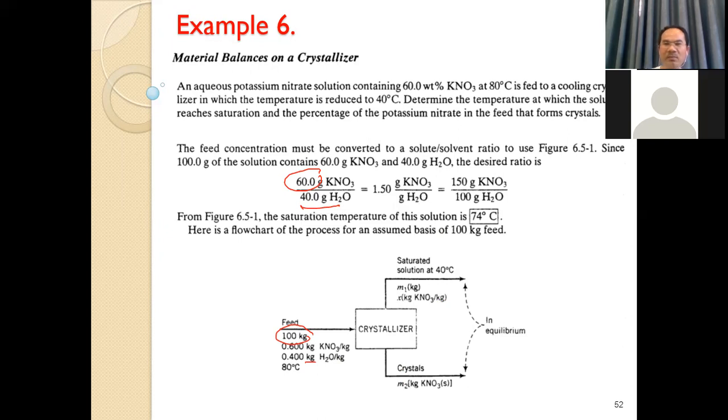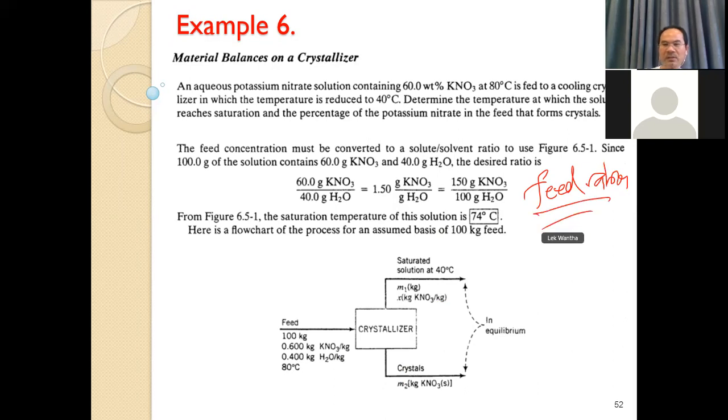Kilogram or gram gives the same ratio, so don't worry about it. You get 1.5 grams of potassium nitrate per gram of water, or 150 grams of potassium nitrate per 100 grams of water. This is the feed ratio.